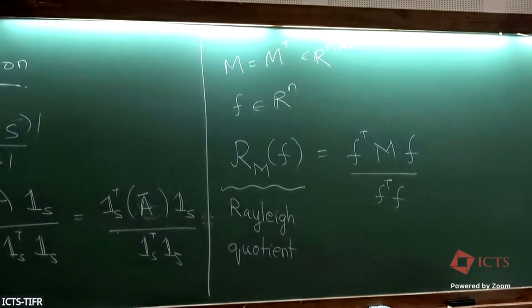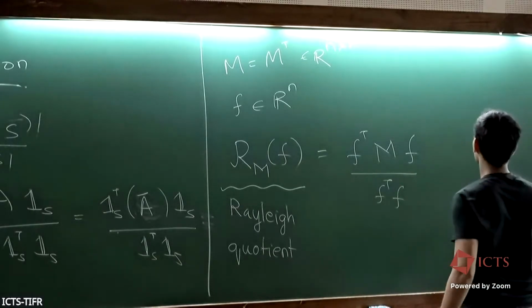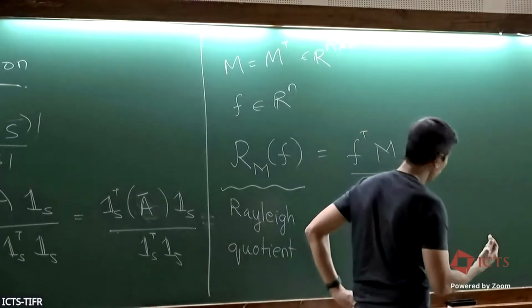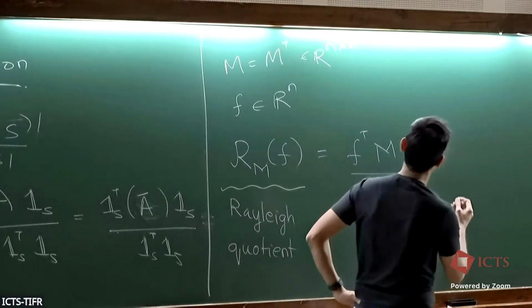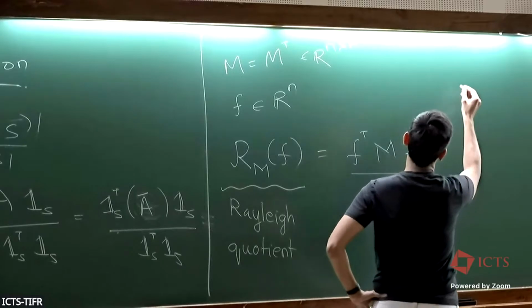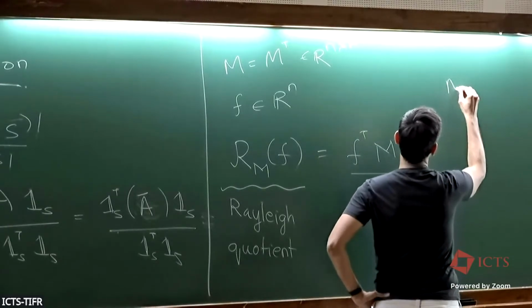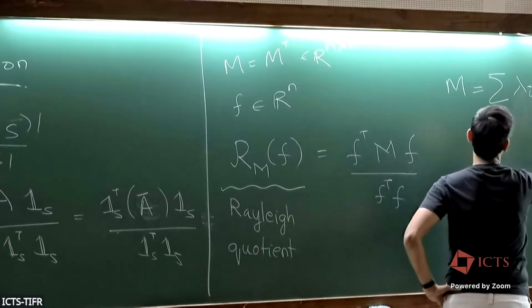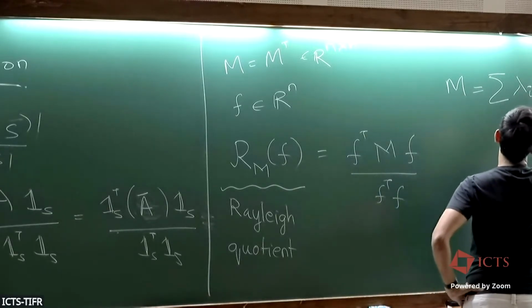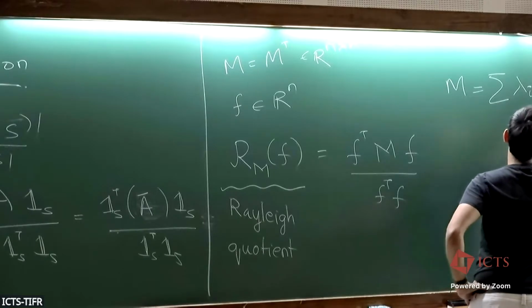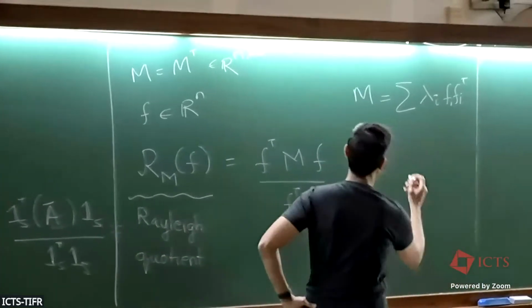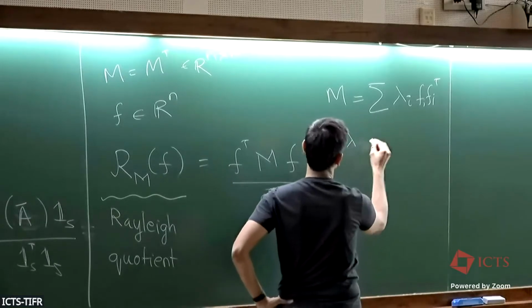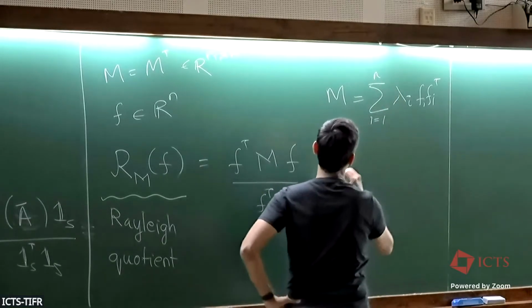It's also known that if you have a matrix which is symmetric, then it has eigenvalues which are real numbers, and in particular, the matrix as a whole can be written in a nice form in terms of its eigenvectors. So for any such symmetric matrix, I can write it as the sum of lambda i times f i f i transpose, where i goes from 1 to n.